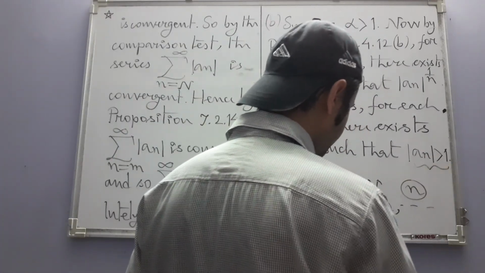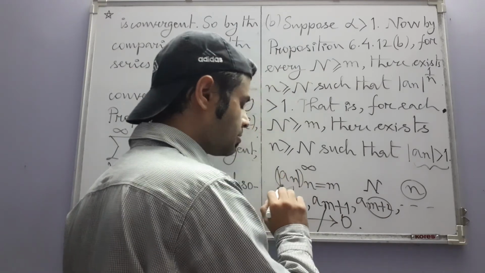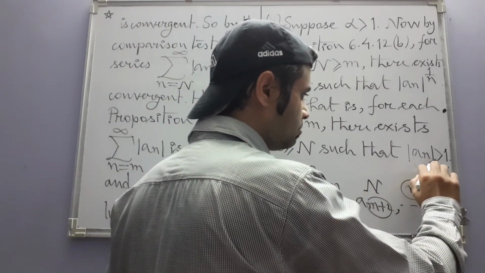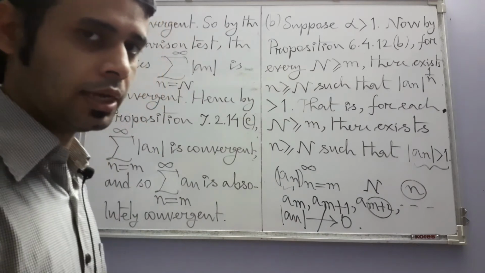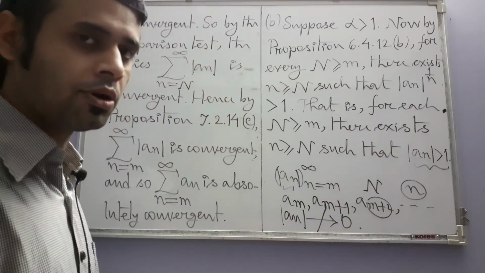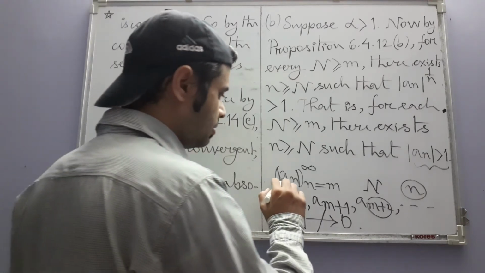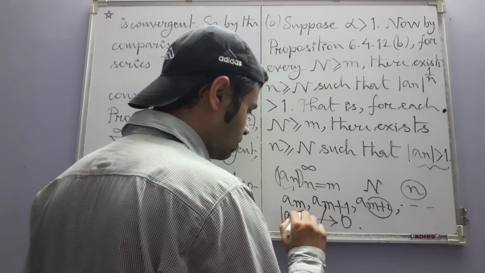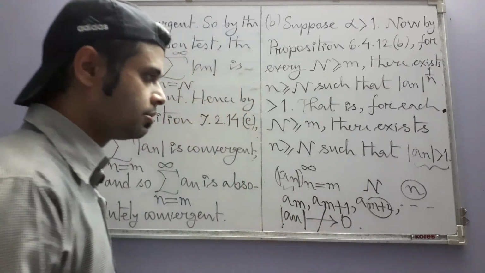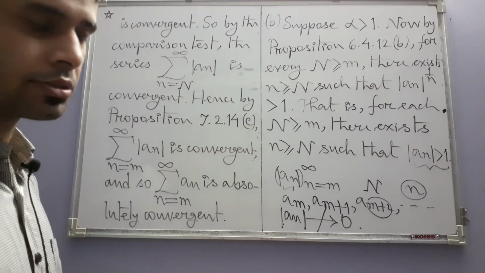Infinitely many terms of this sequence cannot be made small. They will be greater than 1. So how can they be made small and close to 0? Because of which the sequence absolute value of an does not tend to 0. And that just simply means that an itself does not tend to 0.